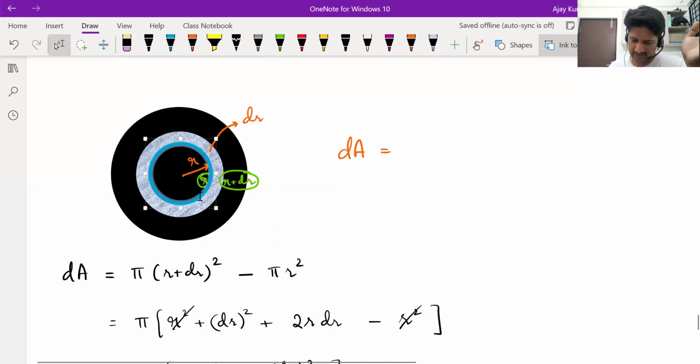So 2 pi r dr is simply the circumference multiplied with the thickness. And what is it giving us? Area. Is this clear to all of you? Any doubt in this?